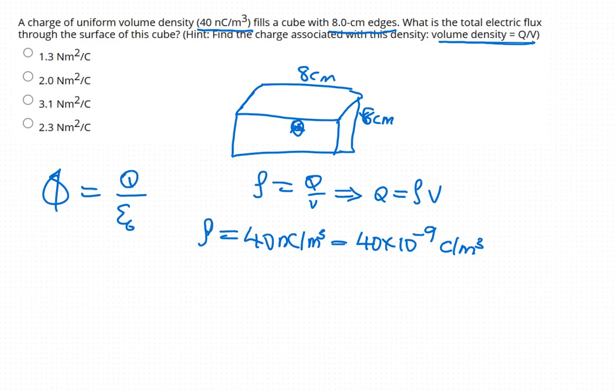The length of this cube is 8 cm, so the volume is the length cubed. Converting to meters, this is 0.08 cubed, which is equal to 0.000512 meter cube.